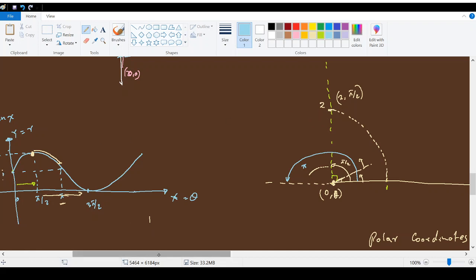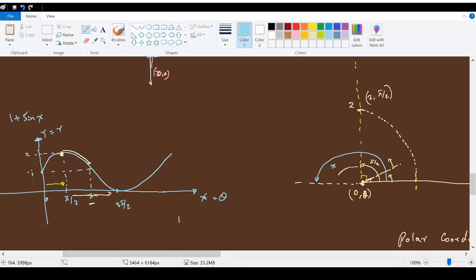See here, that's the nature of these values, right? So the radius r value will decrease from 2 to 1. So here you will get -1.